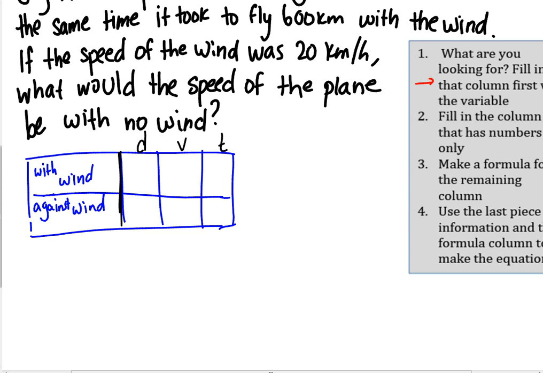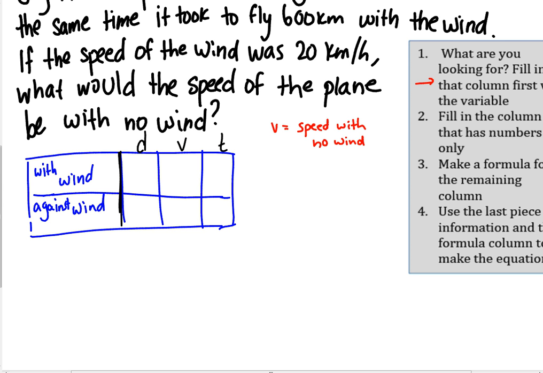Okay, so we want to start with putting in our variable. What are we looking for? Speed with no wind. So what would be this if v equals the speed with no wind? When you're with the wind, what's your speed going to be? What does the wind do?